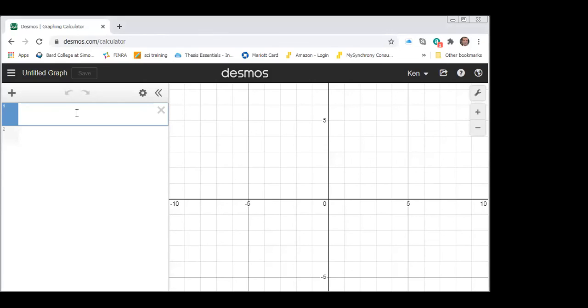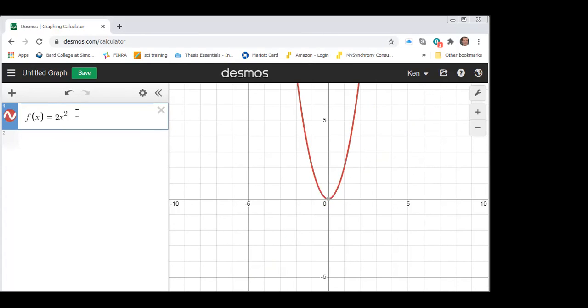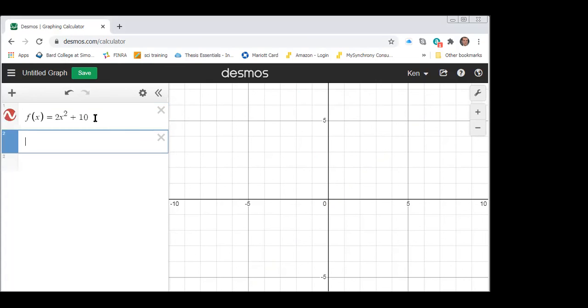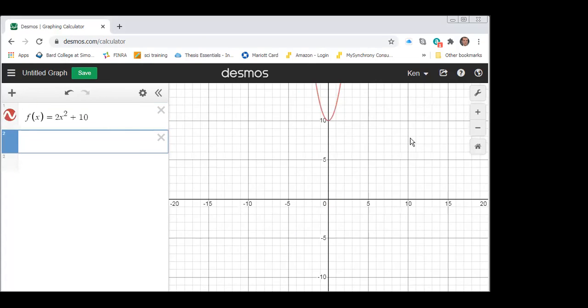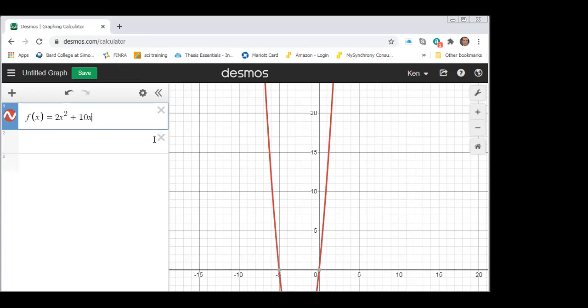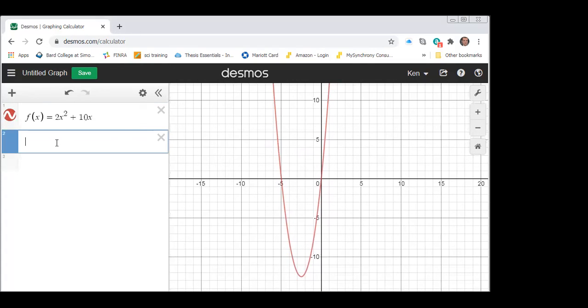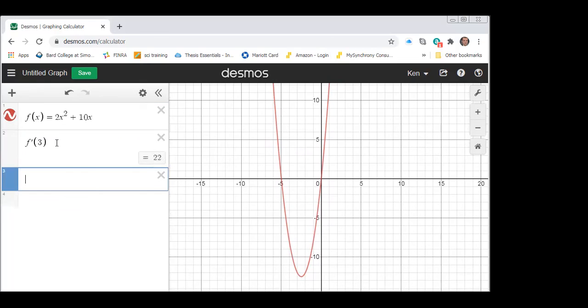So the original equation was f of x equals 2x squared plus 10x, excuse me. So that's that parabola, and we were asked what's f prime of 3, and that's 22, just like we calculated.